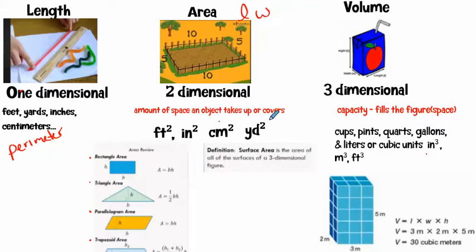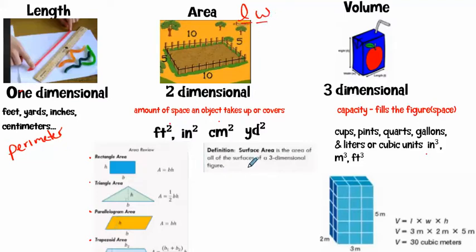In real life, if I were going to put hardwood floors down in my room, I would need to know the area of my living room, because I need to know the length and the width. I need to know what it covers. So anytime I'm dealing with area, your units are going to be squared, or to the second power, because I'm looking at length and width.